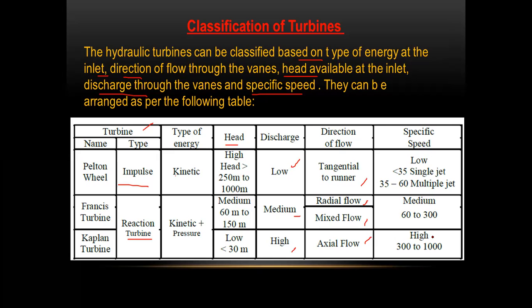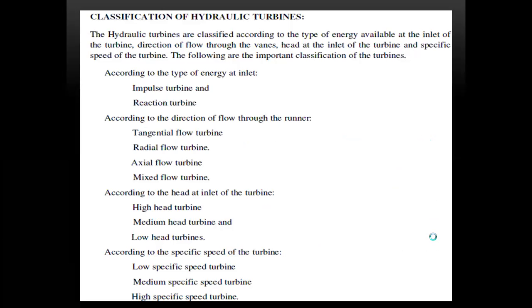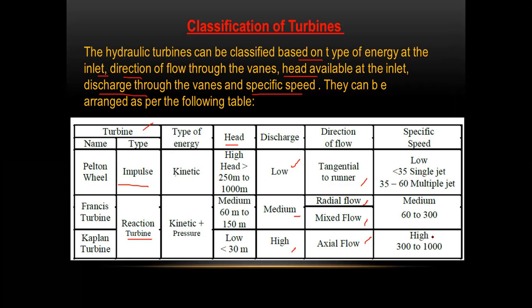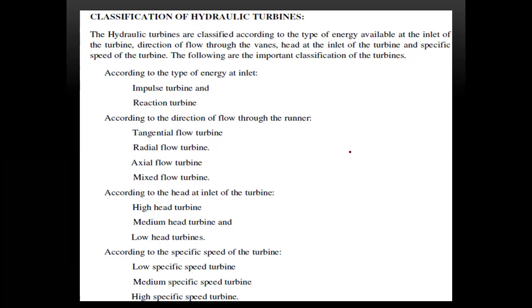Understood? If you want another type of classification, if it is convenient for you, so that you can read this type of classification, right? This is the other way of saying the classification, that is according to the type of energy at inlet: impulse turbine and reaction turbine. According to the direction of flow through the runner: tangential flow, radial flow, axial flow, mixed flow.